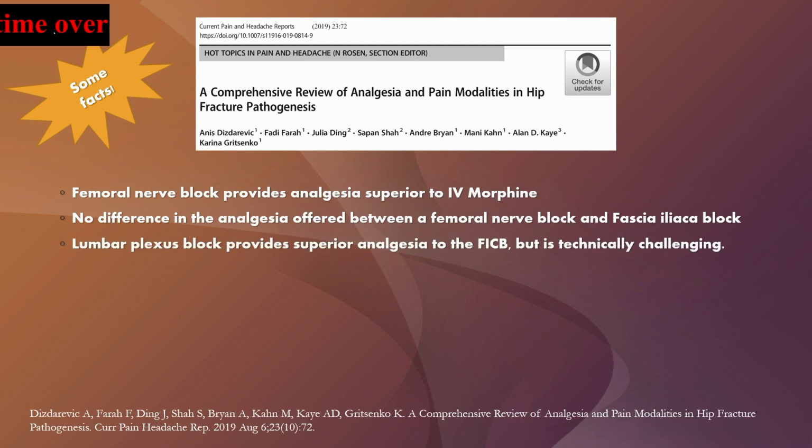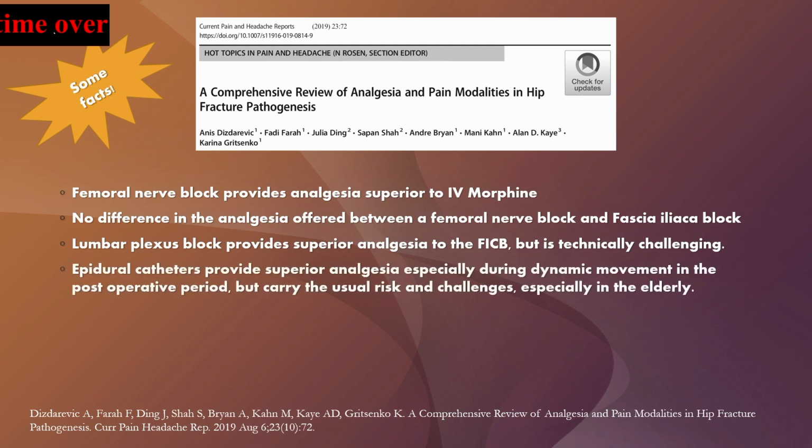The lumbar plexus block is probably better than the fascia iliaca block for analgesia, but again, all of us are not Dr. Gopal. Epidural catheters provide superior analgesia, especially during dynamic movement. So if you're really looking at how the patient is going to be moving post-surgery and post-hip fracture surgery, you're probably still going to look at the epidural.